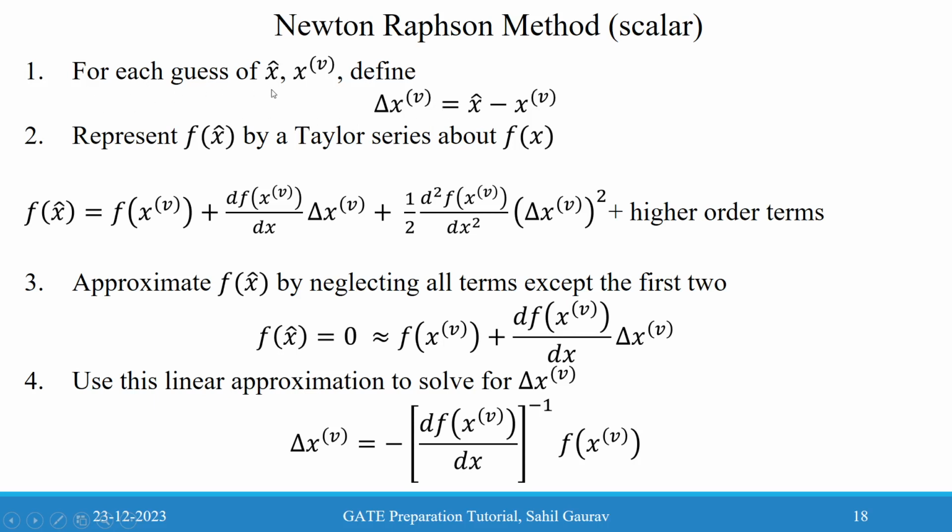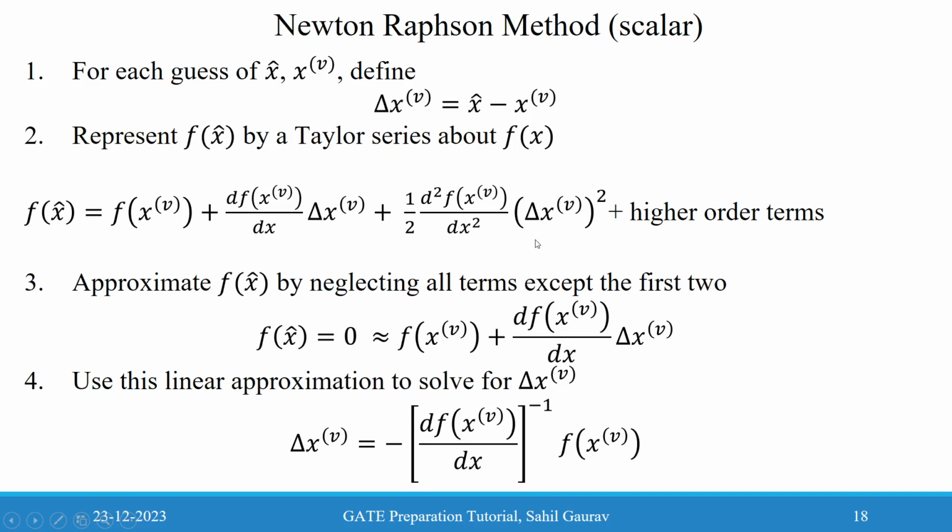For each guess x^v of the solution x cap, define delta x^v as x cap minus x^v, and represent f(x cap) by a Taylor series about x^v.